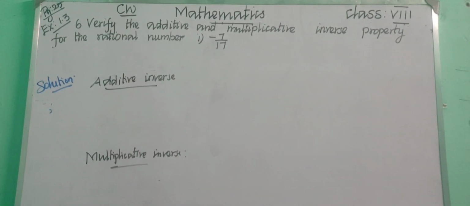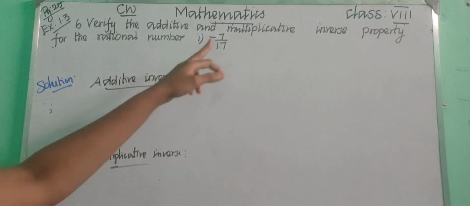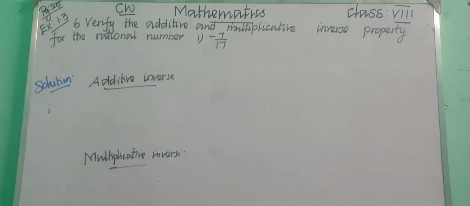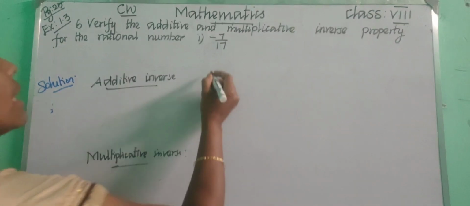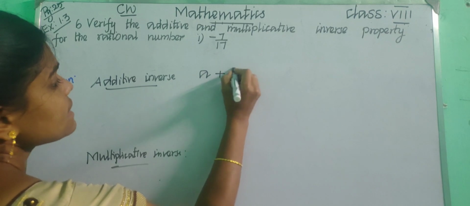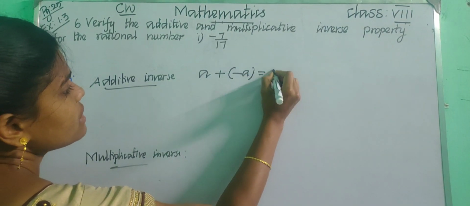So read the question. Verify the additive and multiplicative inverse property for the rational number. So I will do the first one. Second is your homework, okay children? So how will you write the additive inverse? We have learned, right? So we can write A plus minus A equal to 0.